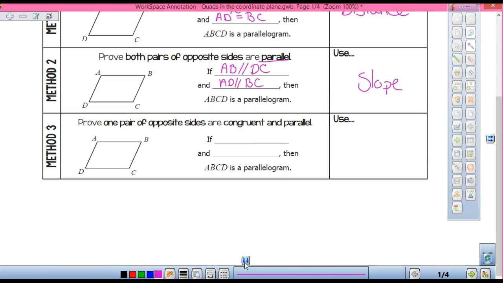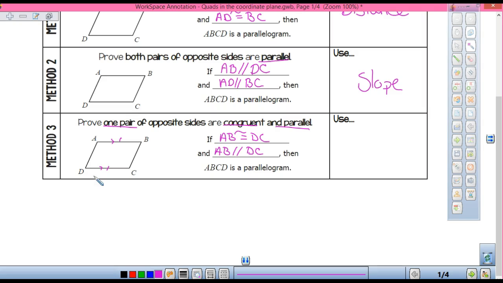If you remember, there was one more property that proved whether or not it was a parallelogram: one pair of opposite sides that are congruent and parallel. So if AB is congruent to DC, and AB is parallel to DC, then I've got a parallelogram.